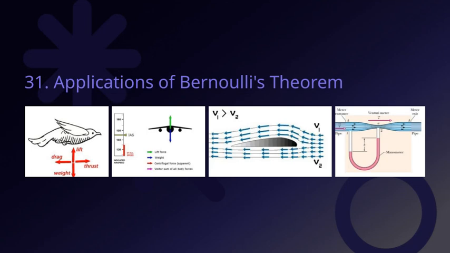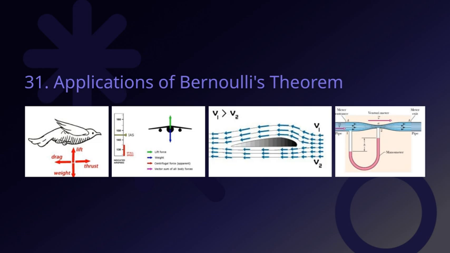Now, let's explore some key applications of Bernoulli's theorem. This principle isn't just theoretical, it has practical uses that impact our daily lives and engineering solutions. One major application is in fluid flow measurement, where devices like Venturi meters and orifice plates use Bernoulli's principle to determine flow rates accurately. These are essential in industries such as water supply, oil and gas, and manufacturing.